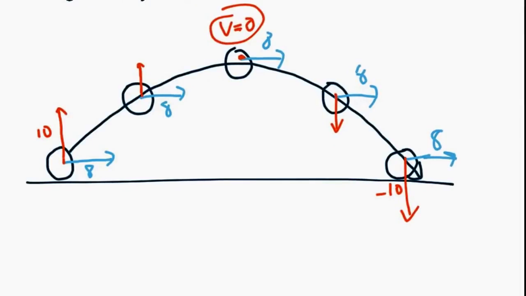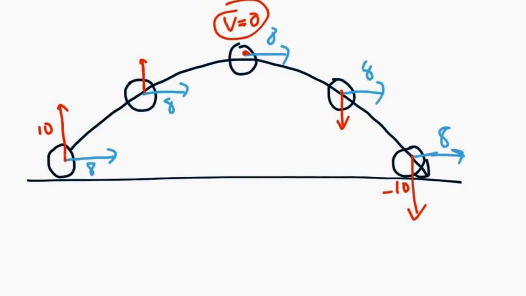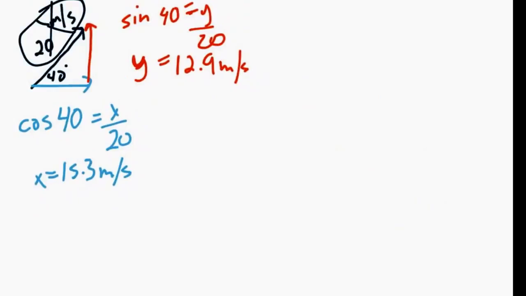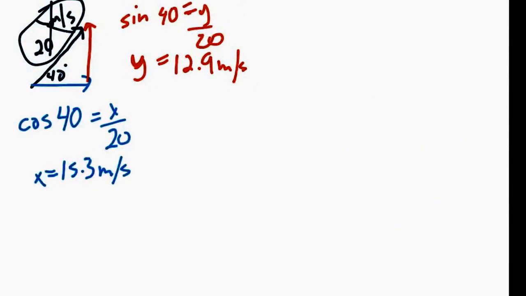Remember, at the peak it'll be 0, and then it'll speed back up again until it hits the ground, going 12.9 downwards. So the first step is to get those two vectors figured out. So let's suppose now our first question is: what is the maximum height? How high will the ball go?